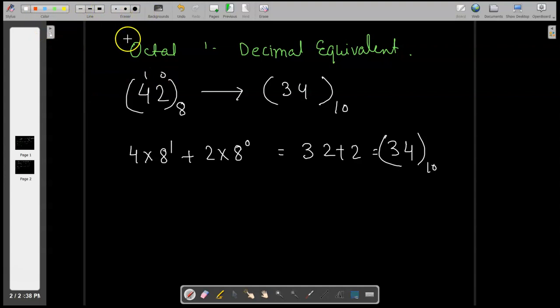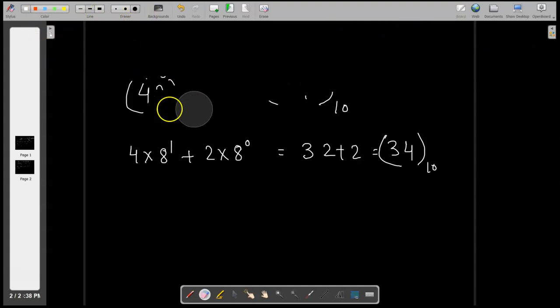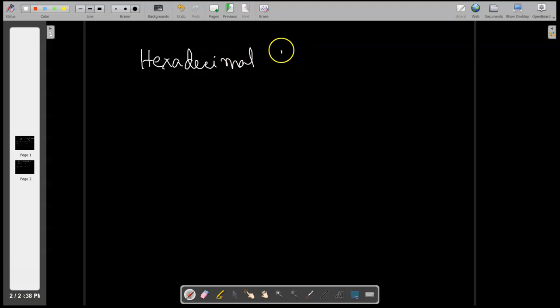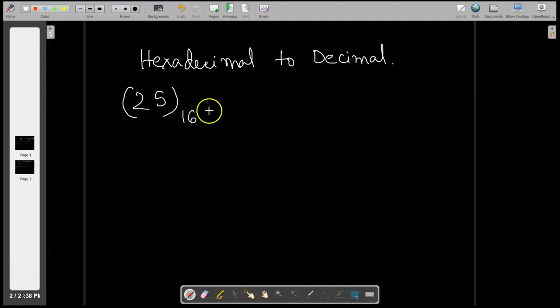So our next topic would be hexadecimal to decimal. In the same way we are going to do it for hexadecimal also. Let us take a simple example. By now you all must know hexadecimal has a base of 16, right? So we are taking a number, suppose 25, having a base of 16, and you have to convert it to a decimal number with a base of 10.